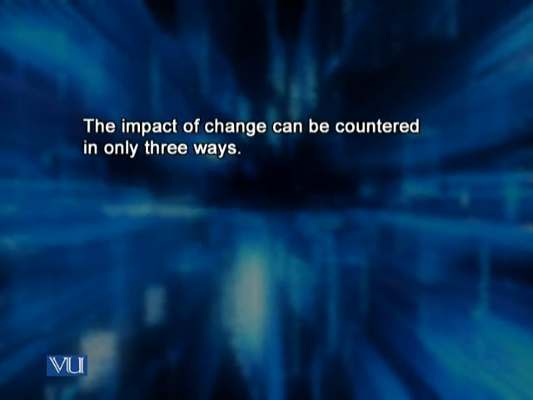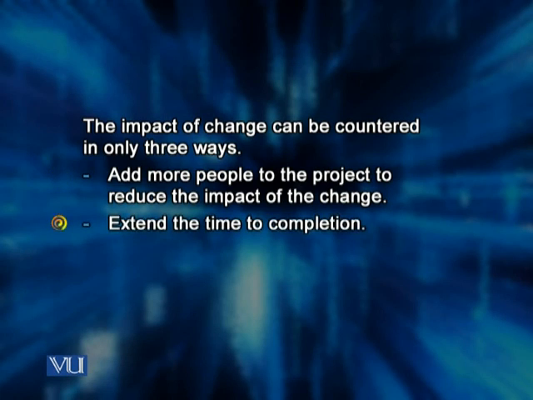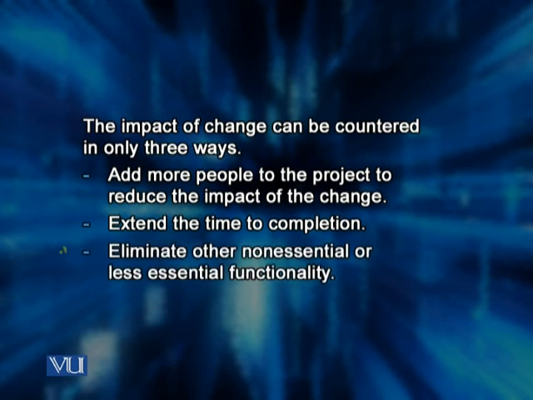The impact of change can be countered in only three ways. Number one, you can add more people to the project to reduce the impact of change. You can extend the time of completion, and you can eliminate other non-essential or less essential functionality in the project.